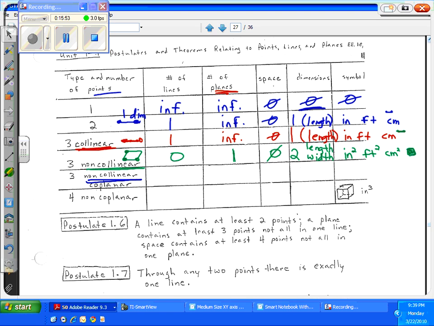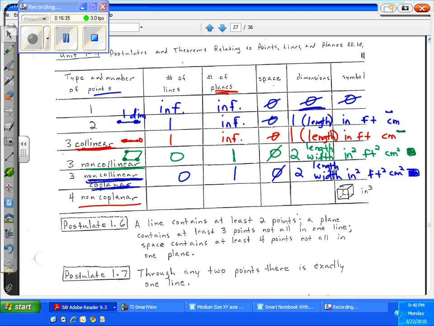Now, if we have three non-collinear points that are still coplanar, we still have the same scenario. I'll go ahead and write it all in. We still have two dimensions, length and width, measured in square inches or square feet or square centimeters, etc. And the visual aid is still how many little square units there are.